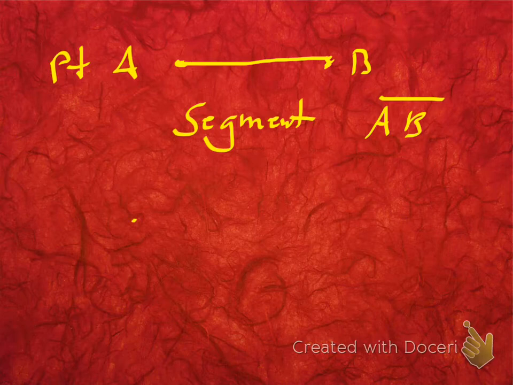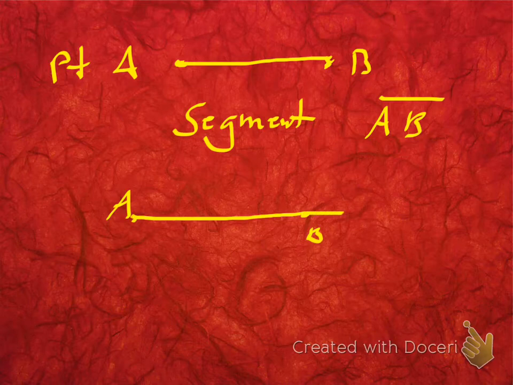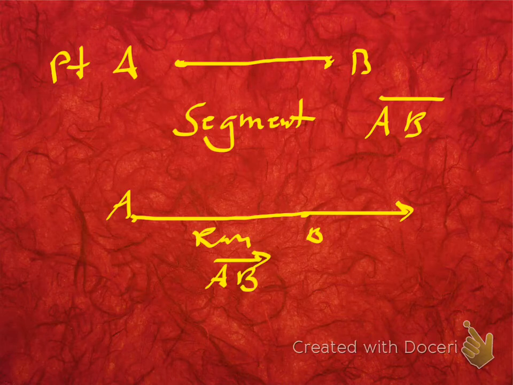Now, if on the other hand, I have points A and B, and I go to B and I keep going through it, then this is called a ray. And the notation for that is A, B, and an arrow pointing that says I start at A and I go through B. Now, if I use the same 2 points and I start at B and I go through A, then that would be called ray BA.